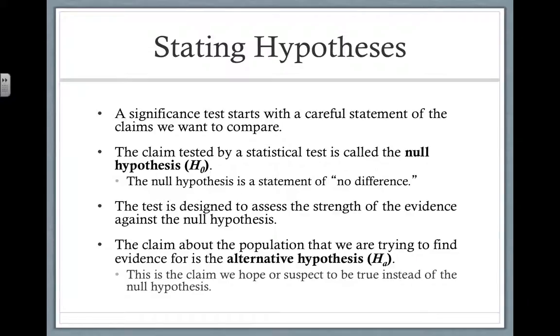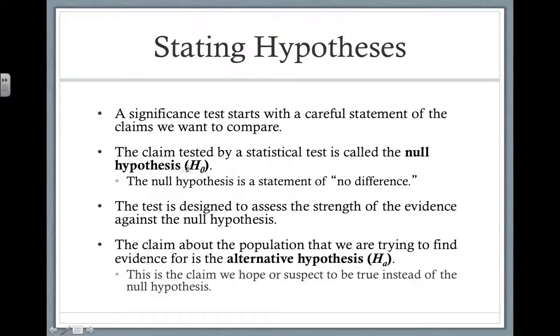The claim tested by a statistical test is called the null hypothesis. The null hypothesis is a statement of no difference. It says it's no different. It's the claim that is originally being made.